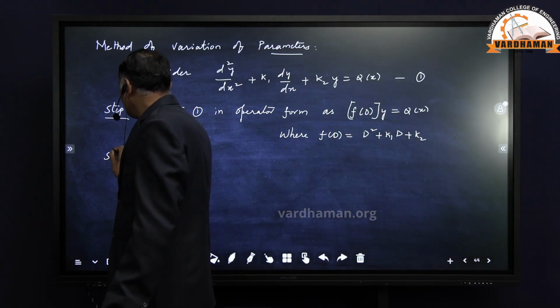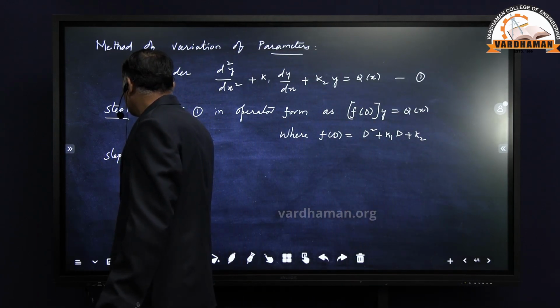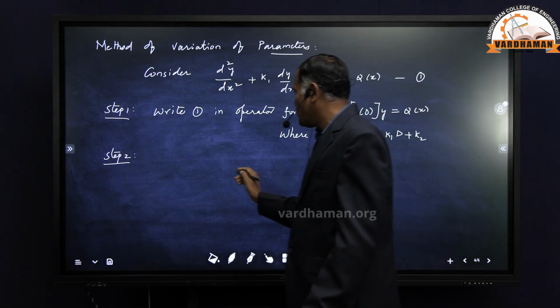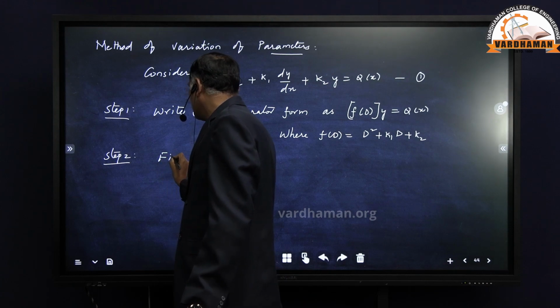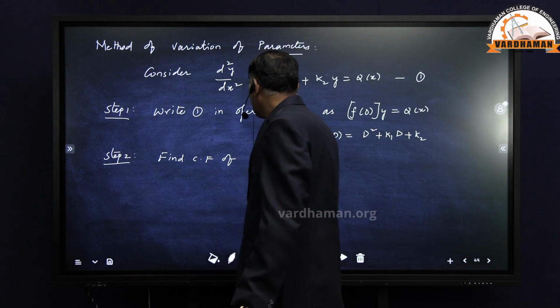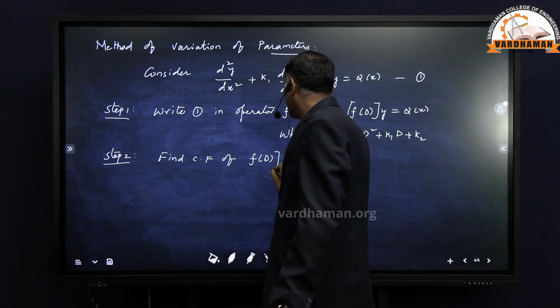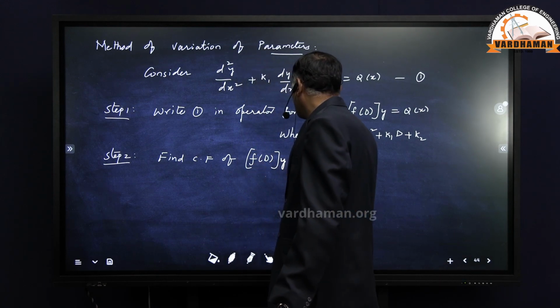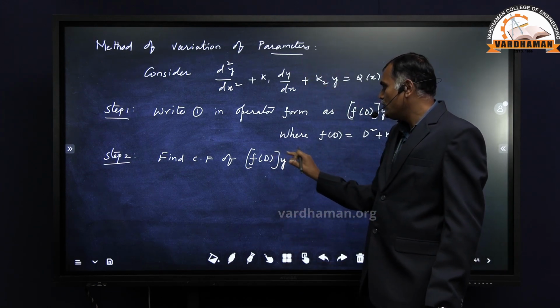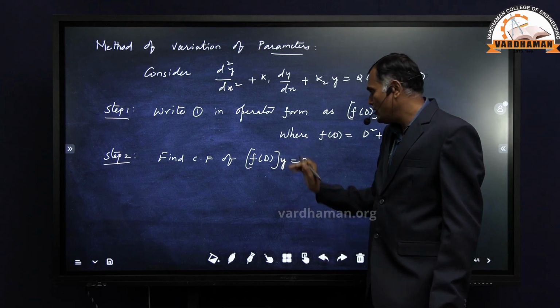Second step is to find the complementary function of this problem. In my earlier video, we discussed how to find the complementary function.